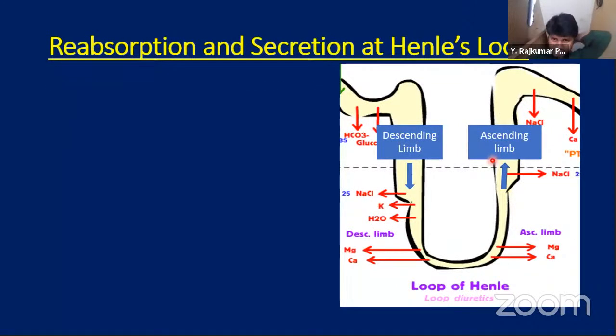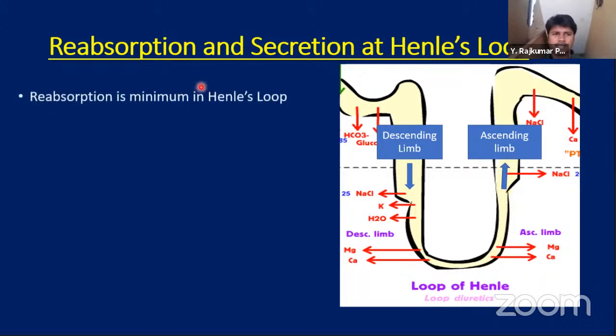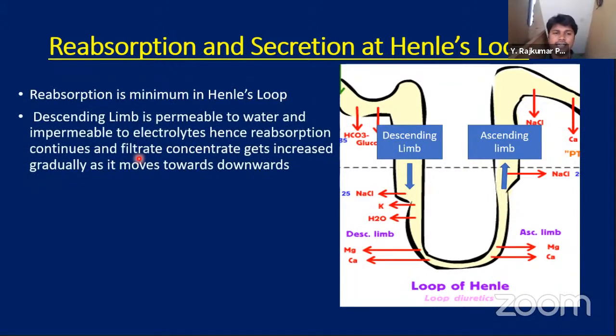Let's see reabsorption and secretion in the Henle's loop. In the Henle's loop, you can see there is a descending limb and there is an ascending limb. This is called Henle's loop, which is a U-shaped structure. Reabsorption is very minimum in the Henle's loop. Descending limb is permeable to water and impermeable to electrolytes.